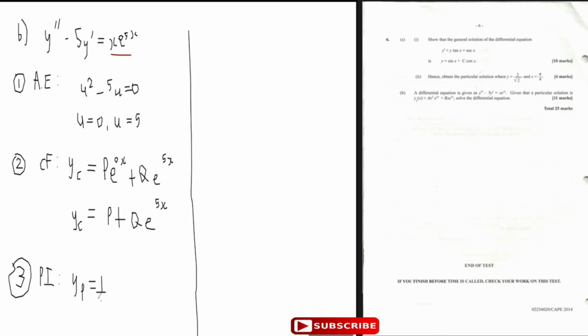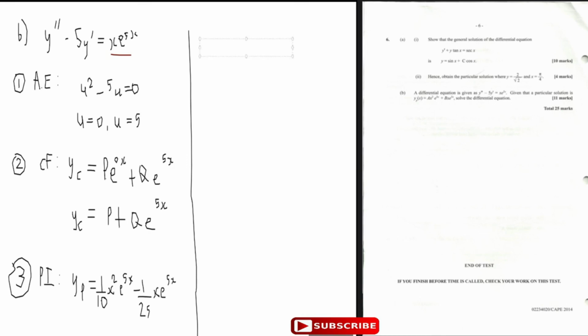So now our particular integral is 1 over 10 x squared e to the 5x plus b, and b is minus 1 over 25, minus 1 over 25 x e to the 5x. Now again, this is not the answer. We don't finish yet. So now we need the general solution.